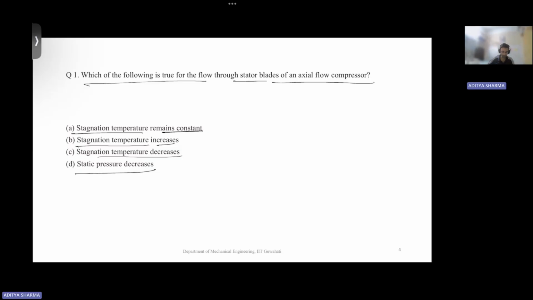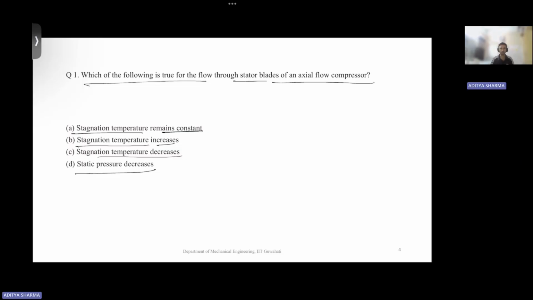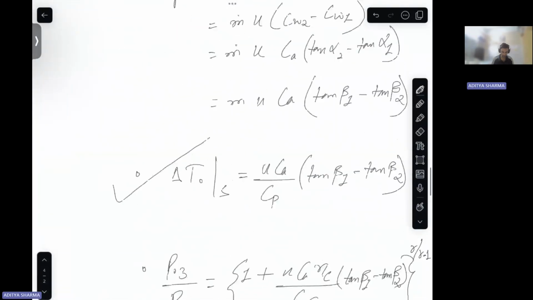But then what happens to your stagnation temperature? We have seen this.